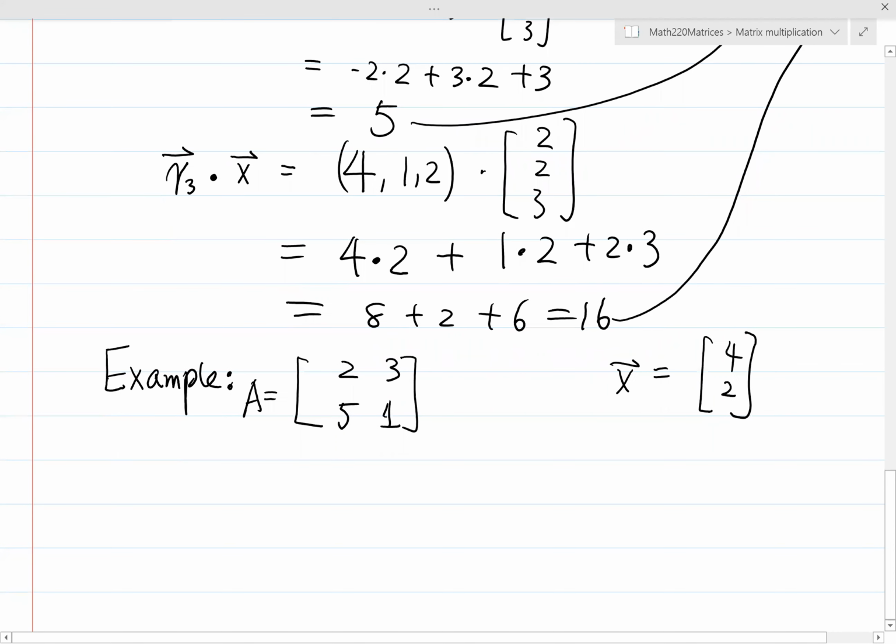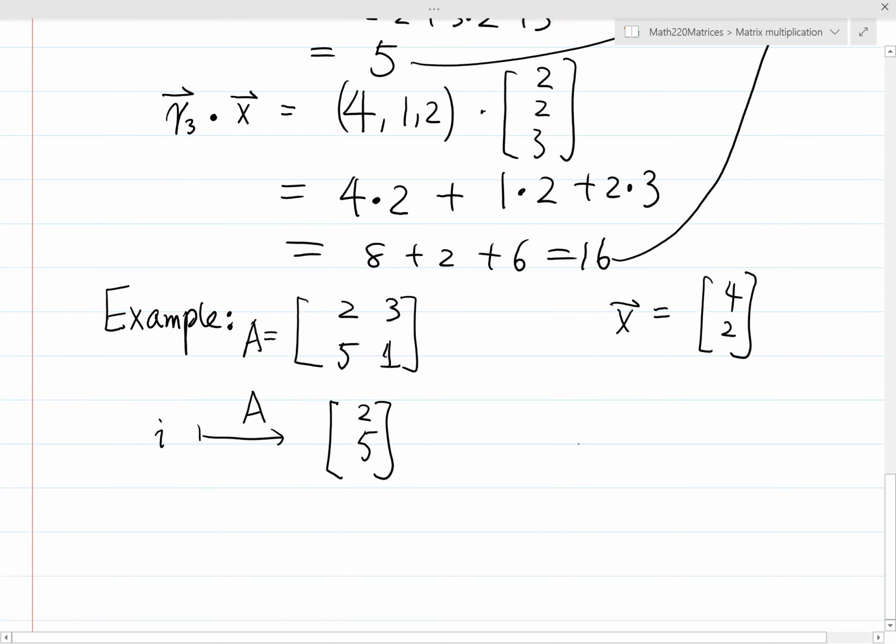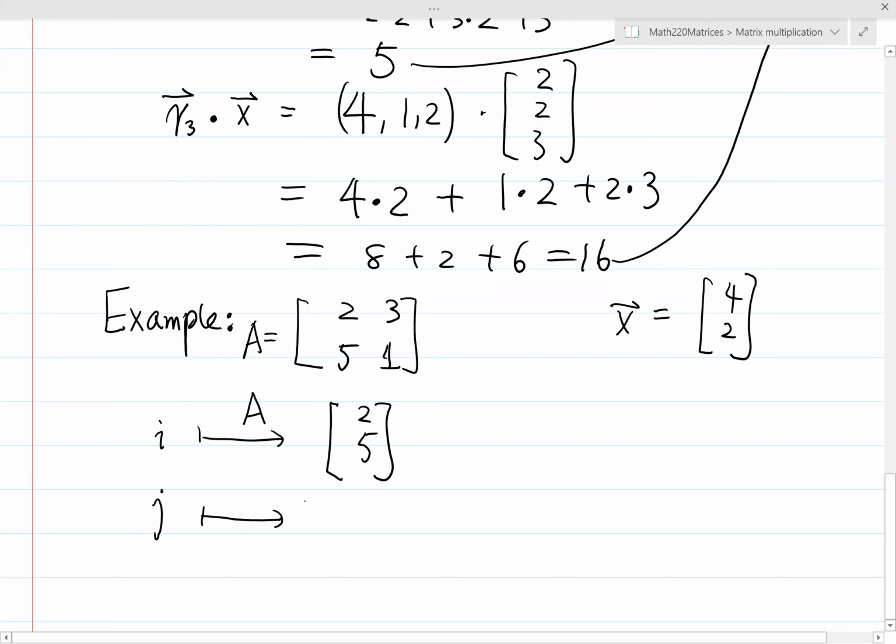Now this matrix, the first column tells us if we plug in i, then under this operation A, we get 2, 5. If we input j, under the operation of A, then we get the second column, 3, 1.